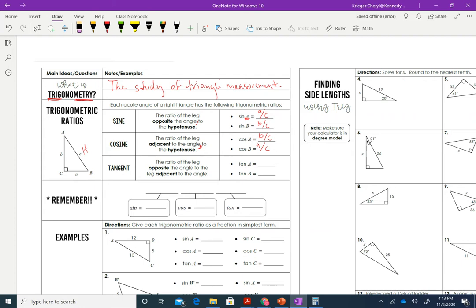And then finally, we have our tangent. Tangent is the ratio of the leg opposite the angle to the leg adjacent to the angle.